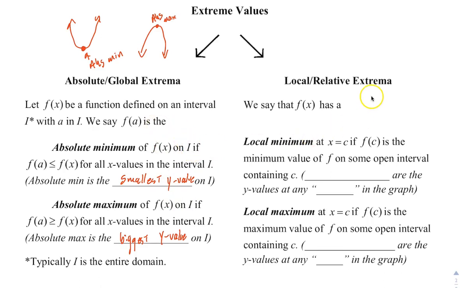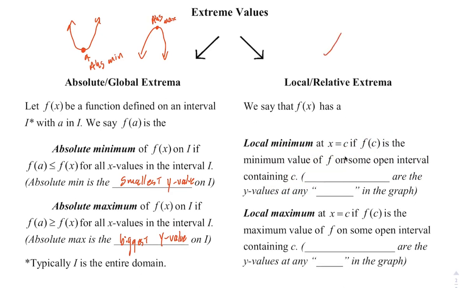So how's that different from local or relative extrema? Well, we say f(x) has a local minimum at x = c if f(c) is the minimum value of f on some open interval containing c. What does that mean? If I give you a picture like this, the local min is the smallest point in the little area, sometimes called a little neighborhood. So like here, you can think about this point right there.